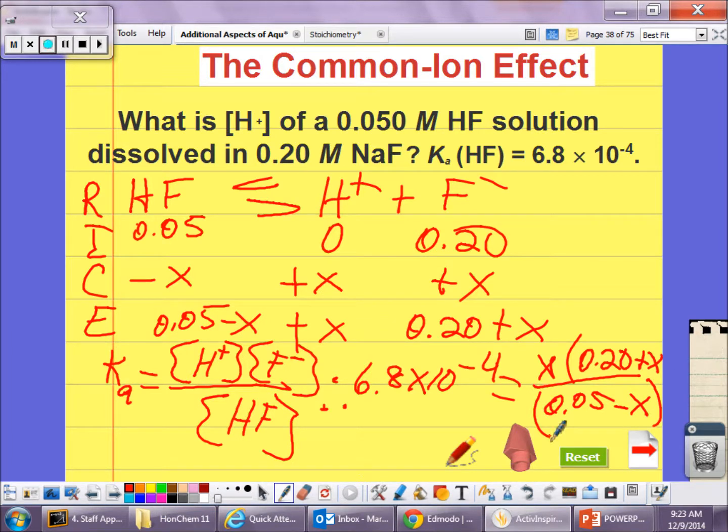Okay, so the girls, let's neglect this. Let's solve for X. Who has X?